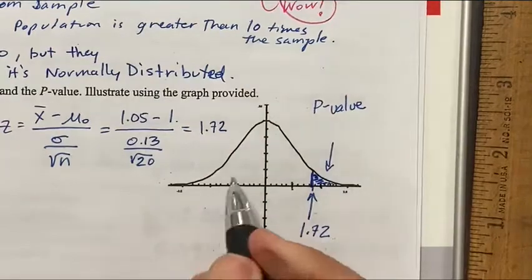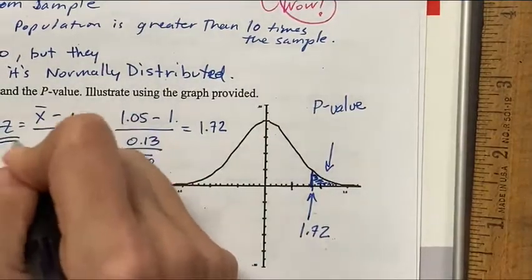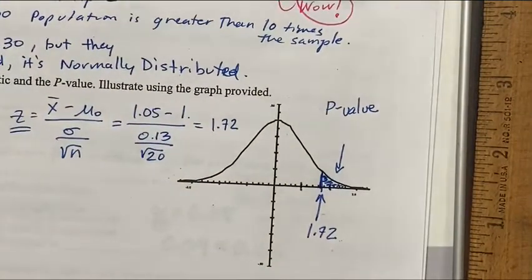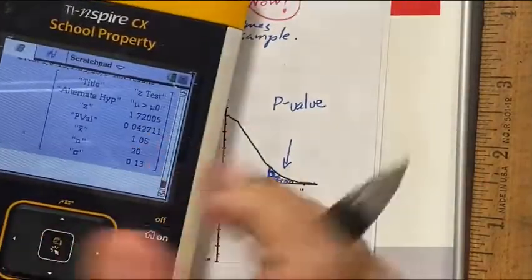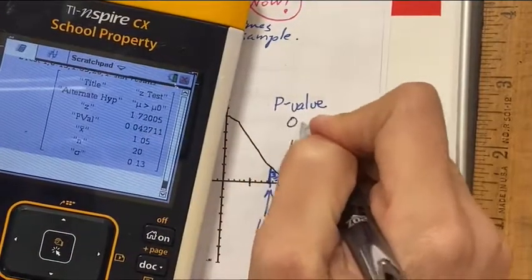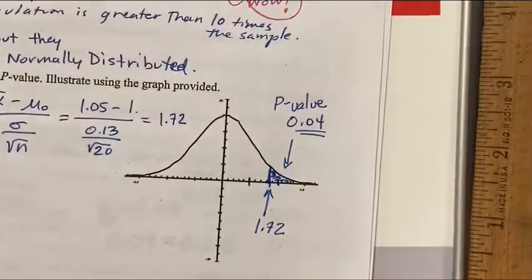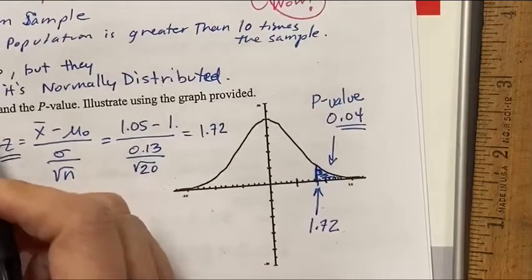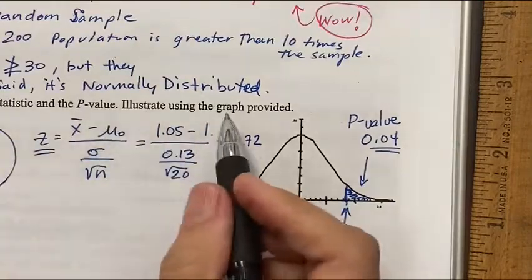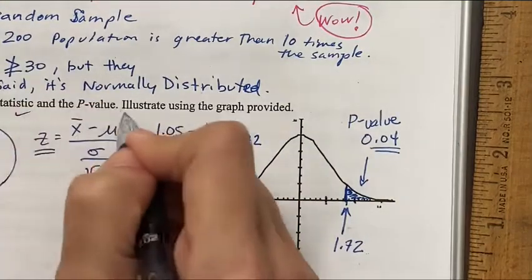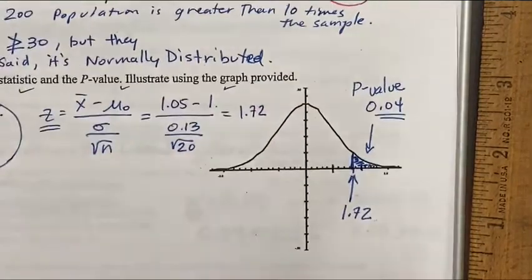Now you can calculate it with table A, because this is z, or you already have it in your calculator. So the p-value here is 0.04. Great job, guys. Now, calculate the test statistic and the p-value and illustrate it. Done, done, done. Moving on.